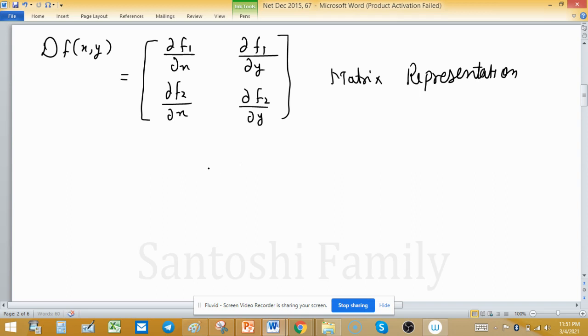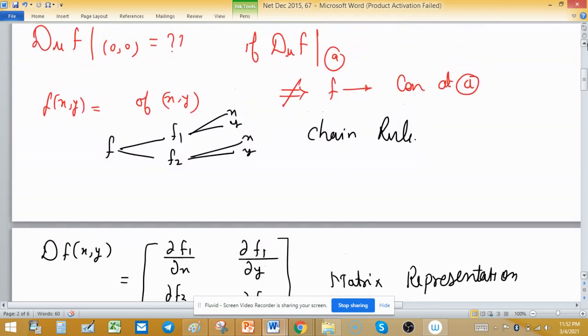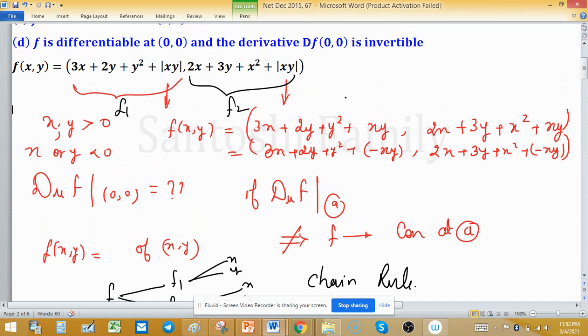From the above function, because absolute value of xy is involved in this one, this part is very easy to take partial derivative with respect to x or y. But if one of them is negative, what you should do: absolute value or absolute function will give the value negative of this function xy.